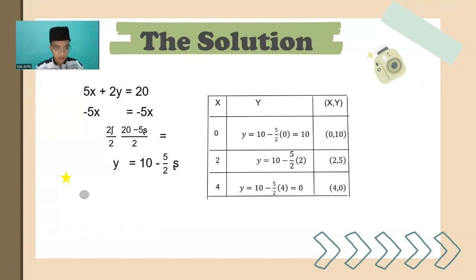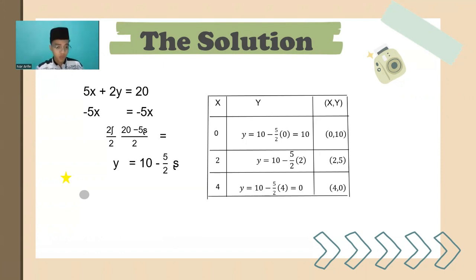Next, we look for auxiliary points and plug them into the equation. When x is 0, y is 10 - 5/2 times 0, which is 10, we get the point (0, 10).